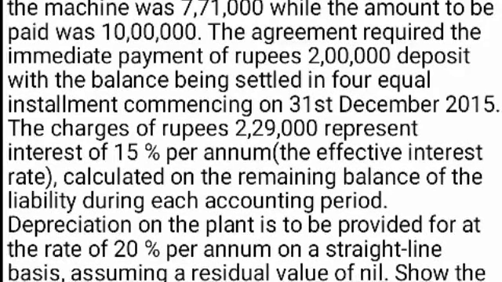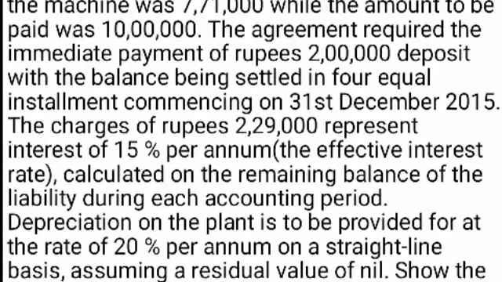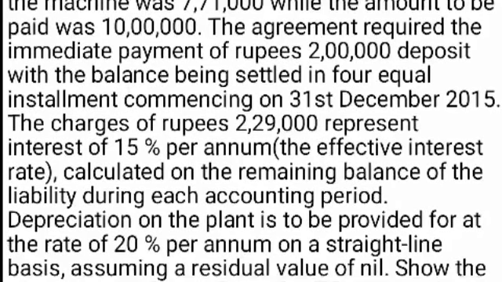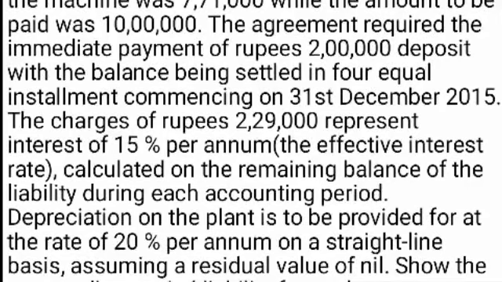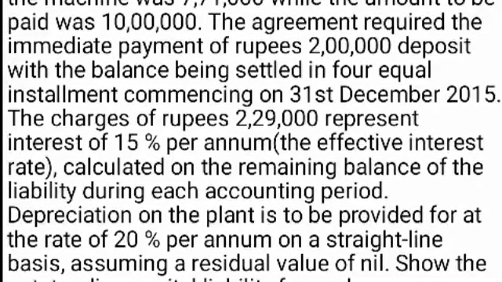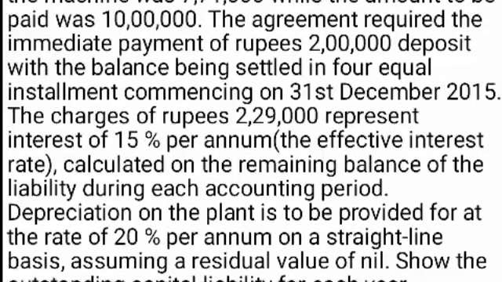Then the effective interest rate is calculated on the remaining balance of the liability during each accounting period. We want to calculate the remaining balance, how to pay the remaining balance, or the amount paid at the end of each period.